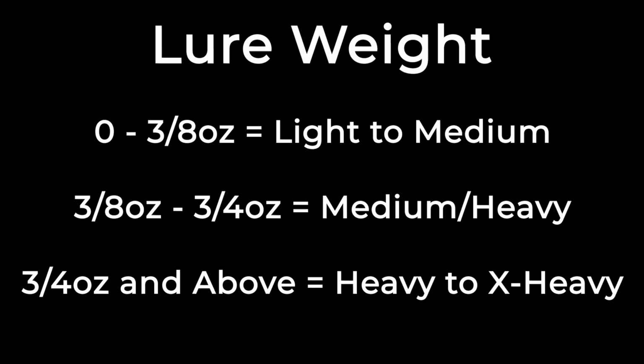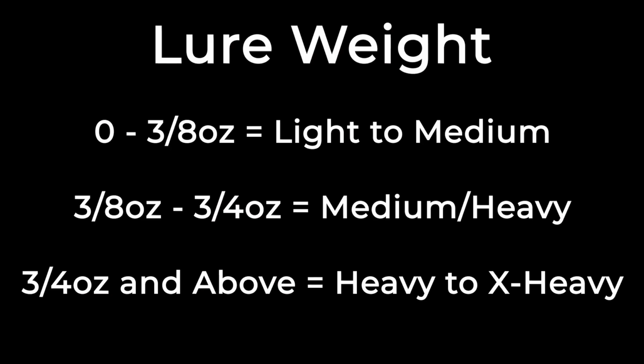Now, you may be asking yourself, what defines a heavy lure versus a light lure? These are very general terms, but it's something that I've seen a lot in bass fishing: if you're fishing a lure that is anywhere from about 3/8 of an ounce to 3/4 of an ounce, that is where I'm going to use a medium heavy most of the time.